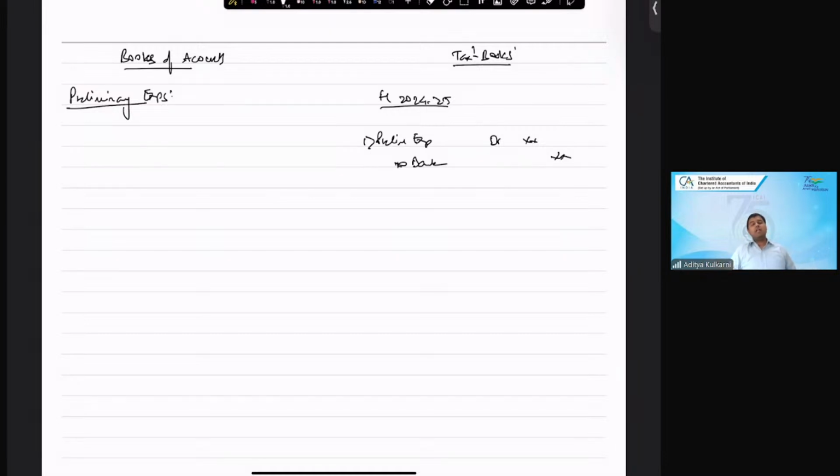Where do you think this preliminary expense goes in your tax records? Sir, you don't get 100% deduction of preliminary expenses. Section 35D. Do you remember section 35D? Yes, sir. One-fifth will be allowed. Yes. So first, preliminary expense account debit to bank.